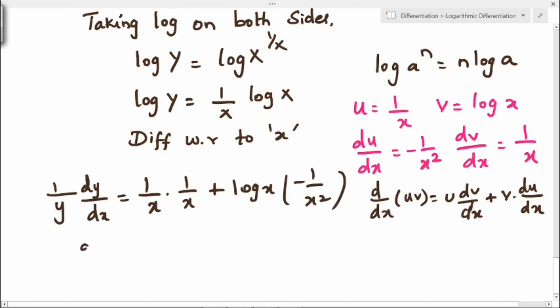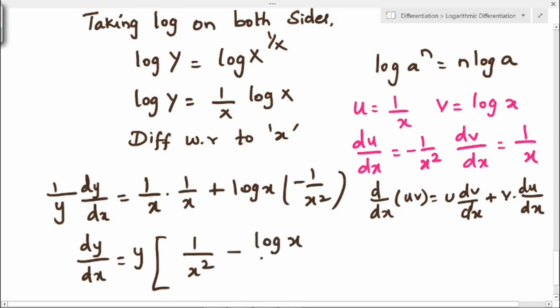So dy by dx equal to, taking y to the other side, y into, in the first term 1 by x into 1 by x, that is 1 by x square, and here plus into minus, that is minus log x divided by x square.